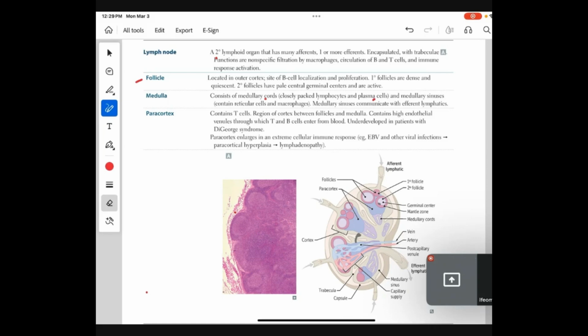So those lymph nodes will be absent. The paracortex will be underdeveloped in those lymph nodes, and then patients like that have recurrent infections and all sorts of problems. Okay, and then in other viral infections, you have expansion of the paracortex in paracortical hyperplasia.